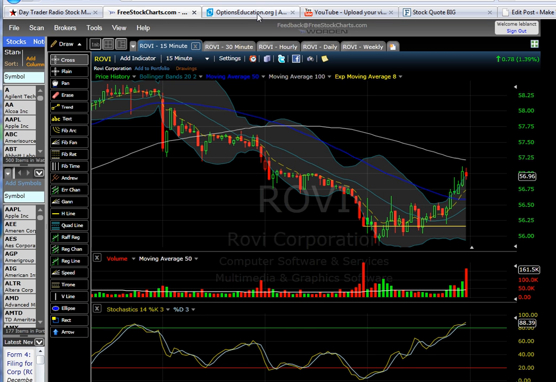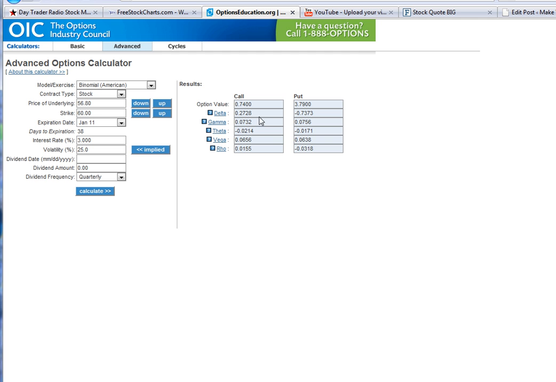When I entered, the delta was 27 cents, but when you enter 57 and you recalculate the same strike, notice your delta starts to move up.